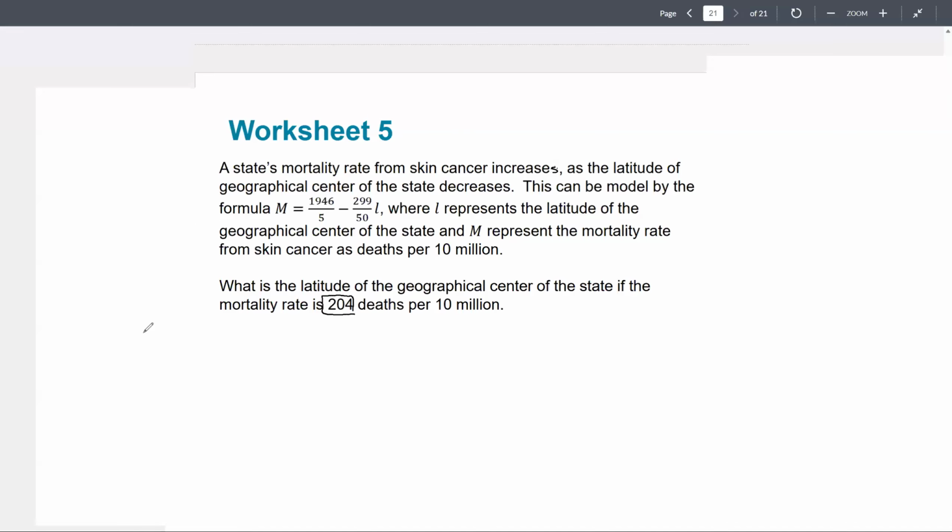So we have the M, our mortality rate is 204. So our equation that we're working with is going to be 204 equals 1,946 over 5 minus 299 over 50 L.